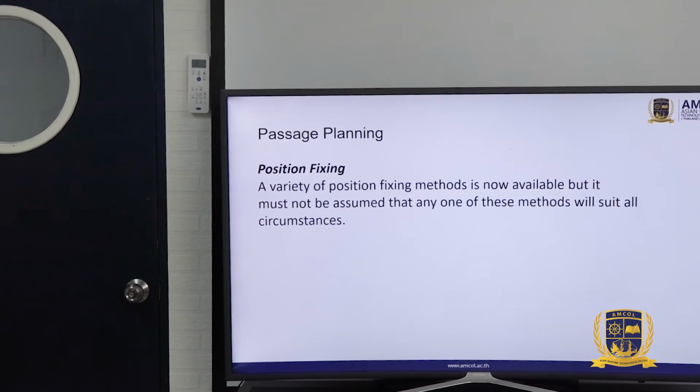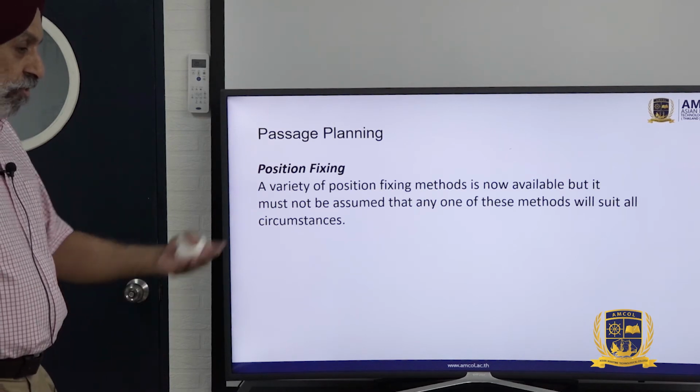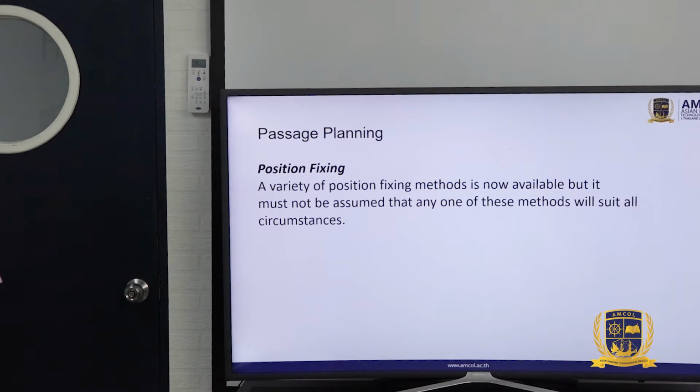And with today's ships fitted with ECDIS, actually the vessel position is live, because you can actually see the vessel position on the chart. Makes it easier for the navigator. But keep in mind that the position displayed on the ECDIS is on the basis of GPS.